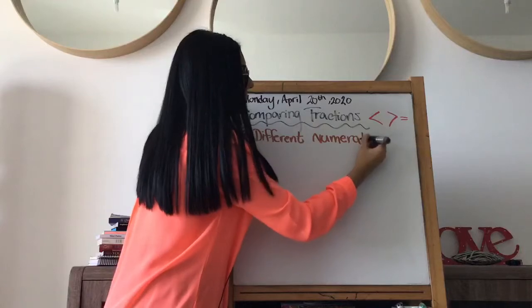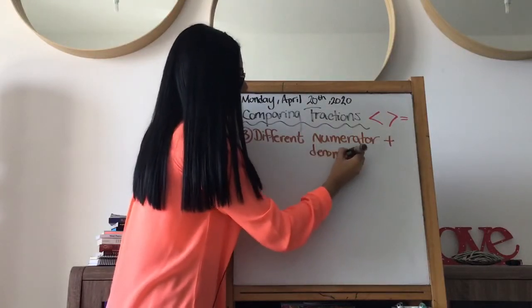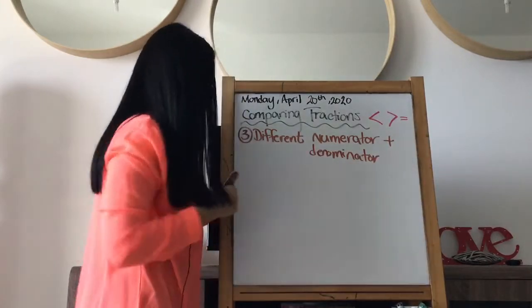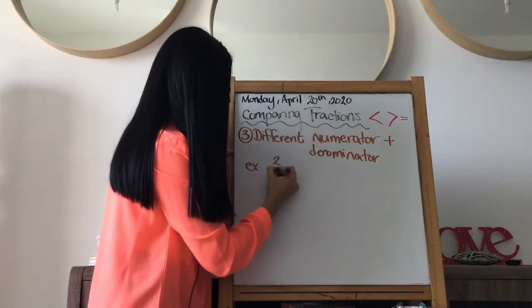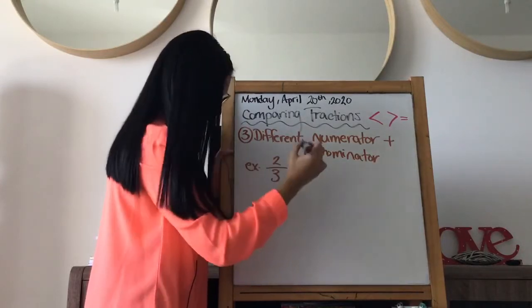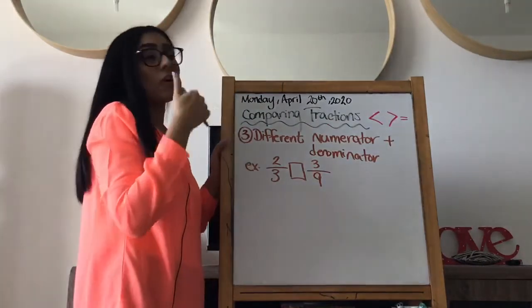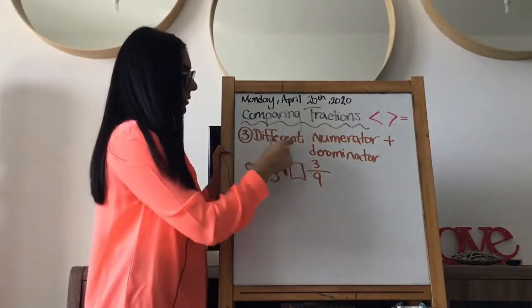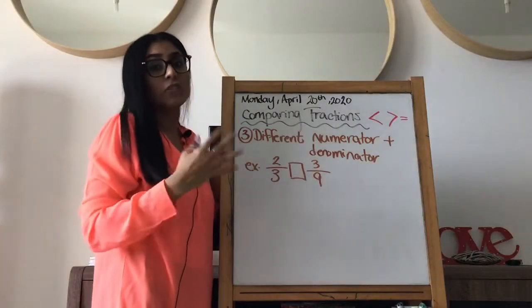There's no matching. So, for example, if I had 2/3 and 3/9, your first job is to see, are my denominators matching? Nope. Are my numerators matching? Nope. Do that first, instantly, just in case.